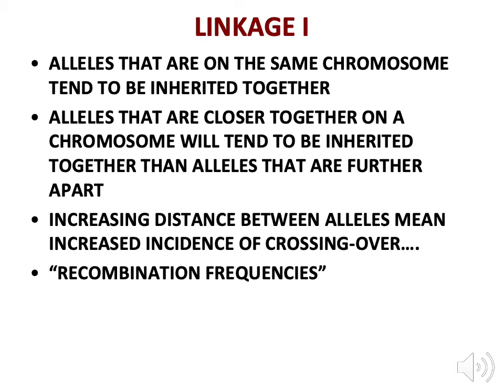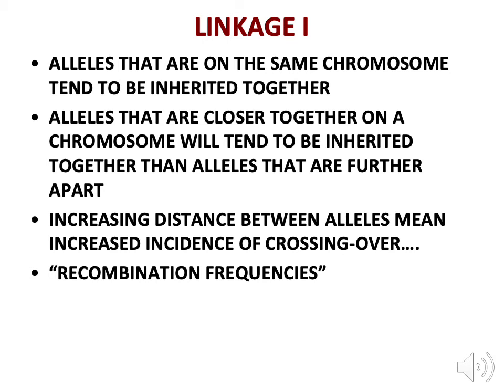Well, scientists have determined that if you have alleles located in certain locations on a chromosome, they might tend to stay together or they might tend to be split apart through the process of crossing over during prophase 1 of meiosis. See, if you've got breakage and reattachment going on, then you could have recombination going on with those genes on that particular chromosome.